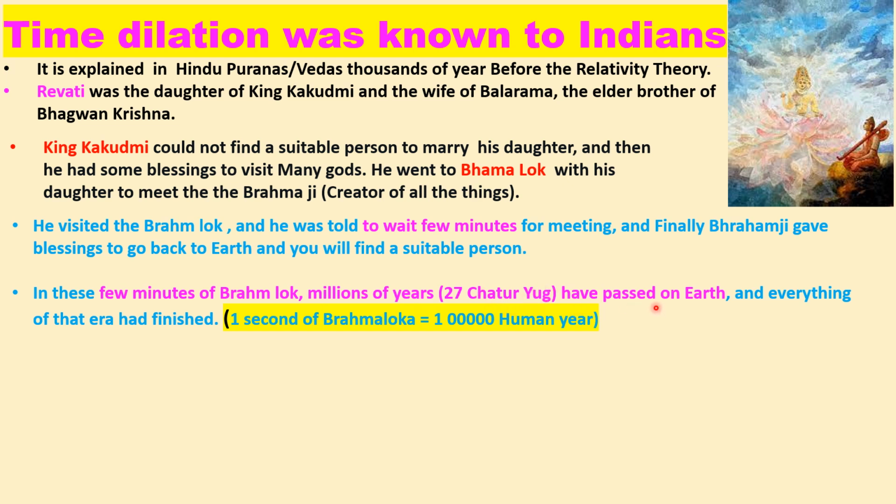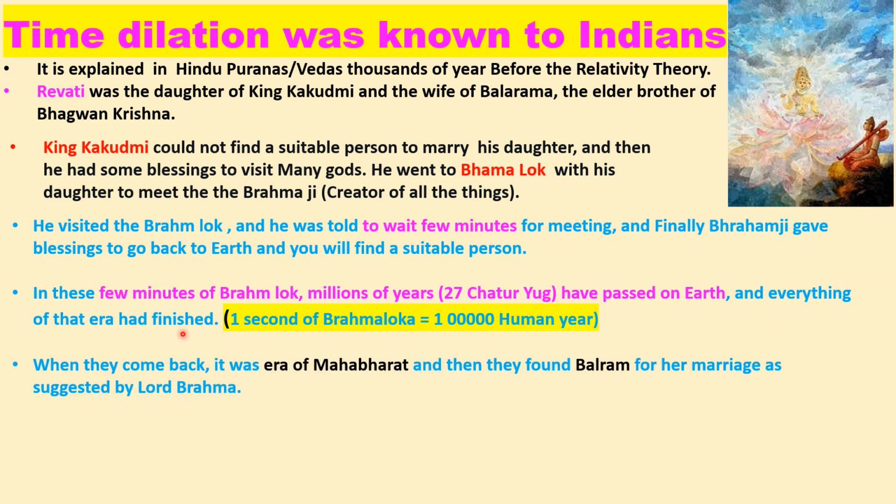So a lot of time had passed on earth, and everything of that era had already finished. We can understand this by this calculation that 1 second of Brahmlok is around 100,000 years on earth.